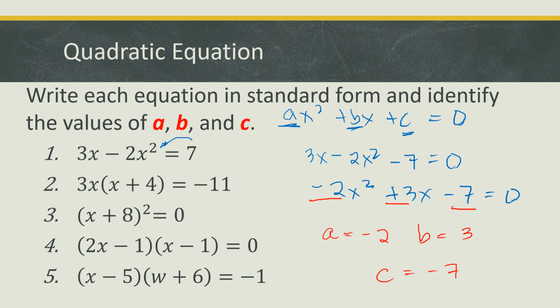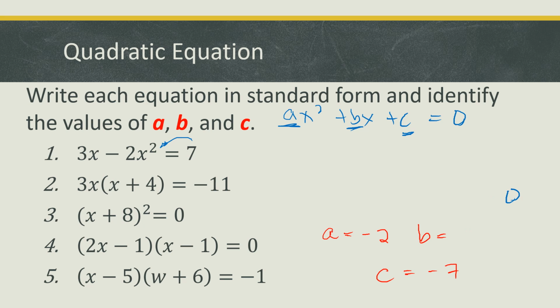Okay? Let us try number 2. Number 2 is 3x multiplied by x plus 4 and equal to negative 11. So for us to do that, we need to use the distributive property to simplify the given equation and change it into the standard form. So 3x times x, we have 3x squared. 3x times 4, we have 12x is equal to negative 11.